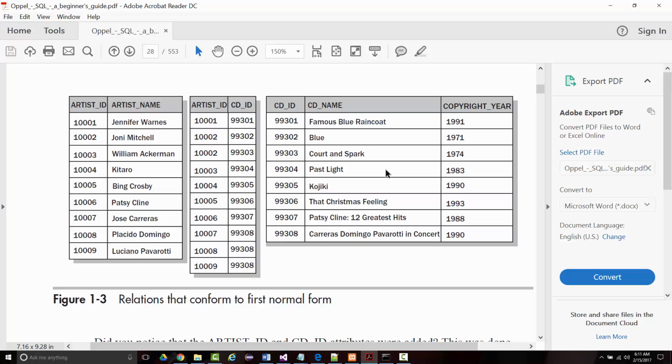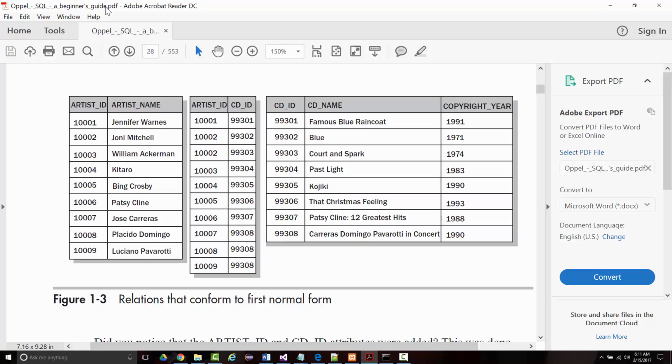If we have it set up like that, if we have that functional determination, we're in second normal form. But suppose here we had more information. So suppose we had an address, city, state, and zip. If you have somebody's zip code, you can typically figure out their city and state based off of that.